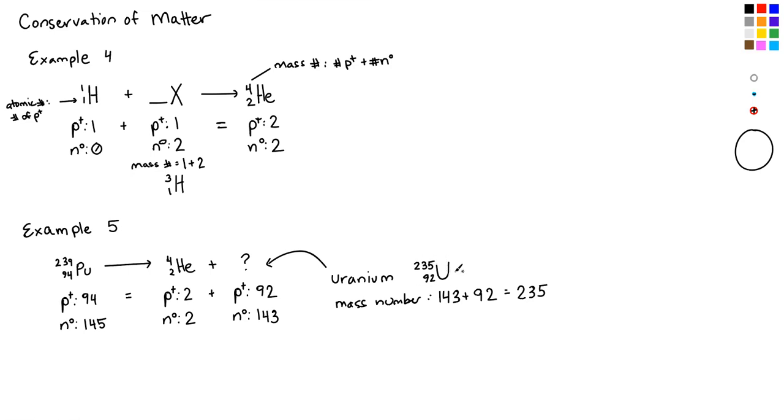And that's my answer. So to complete this equation, I would have to put that into here. Let's just do that so that we have this all figured out. So this would be our answer. That's what our plutonium atom decayed into, a uranium-235 atom. And we're going to stop this video there for now.